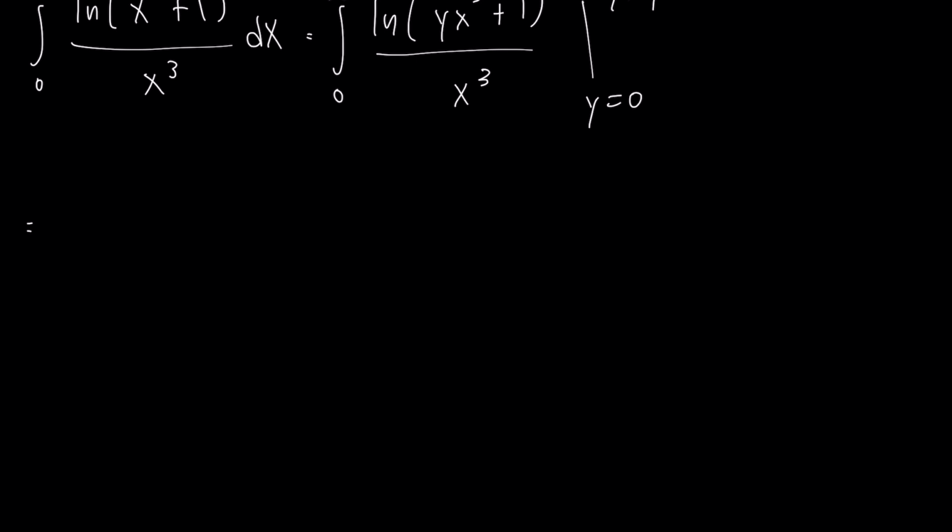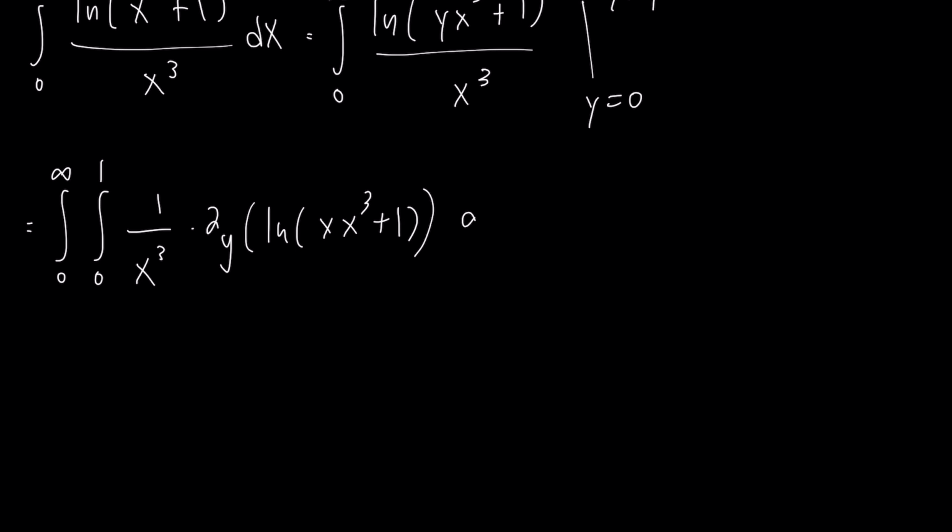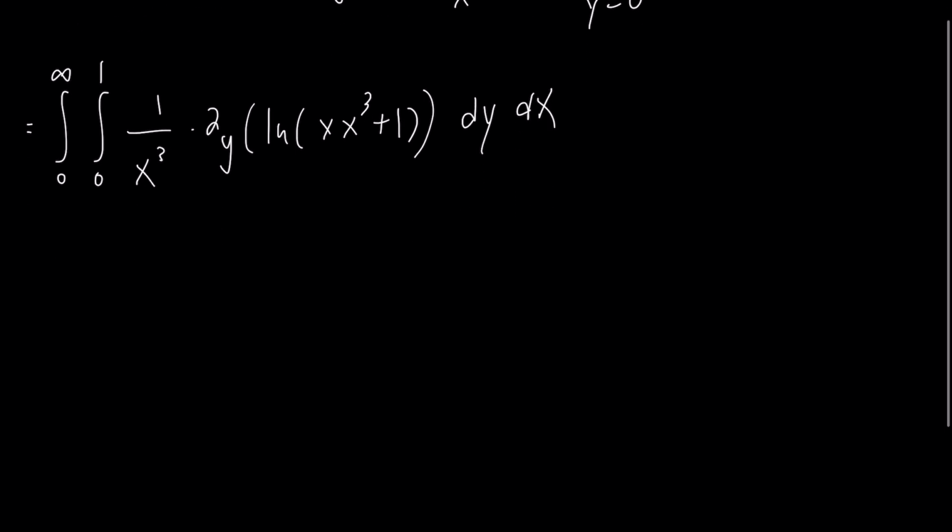So we could rewrite this as the integral from 0 to infinity and the integral from 0 to 1 of 1 over x cubed times the partial derivative with respect to y of natural log of yx cubed plus 1 dy dx.